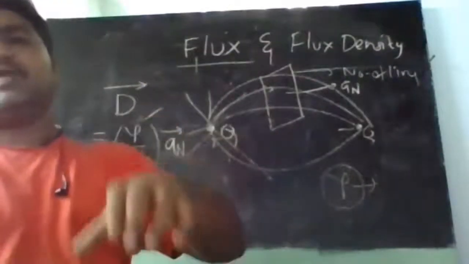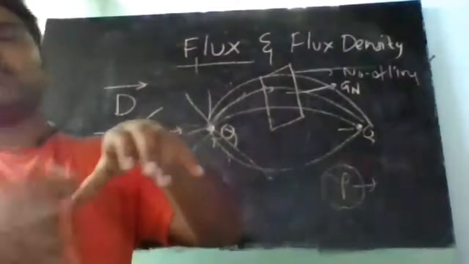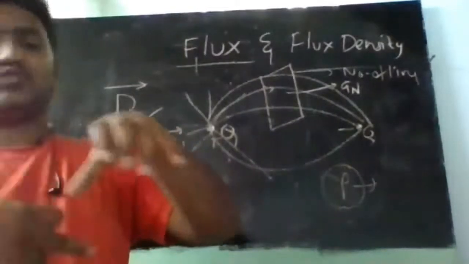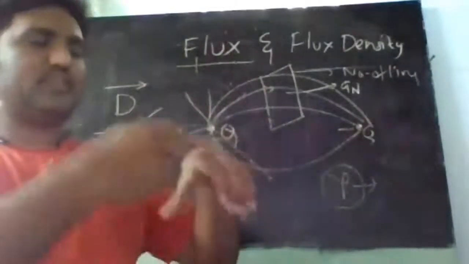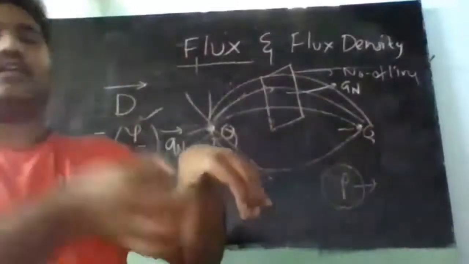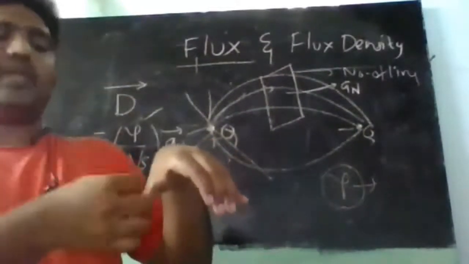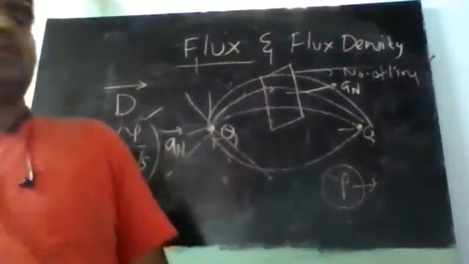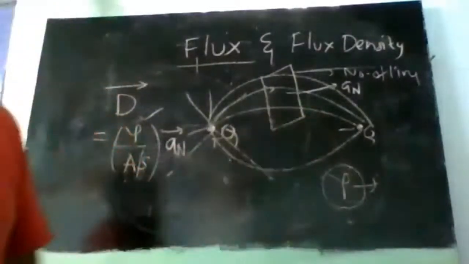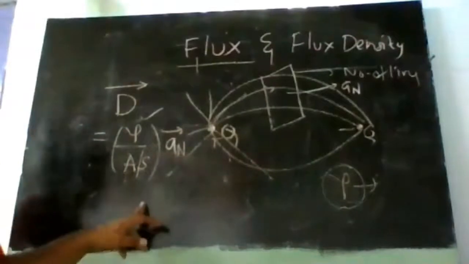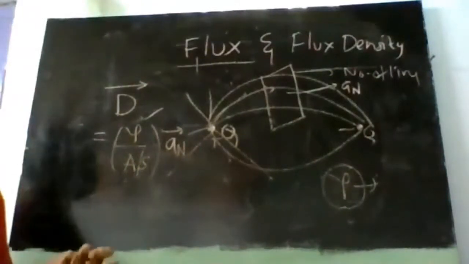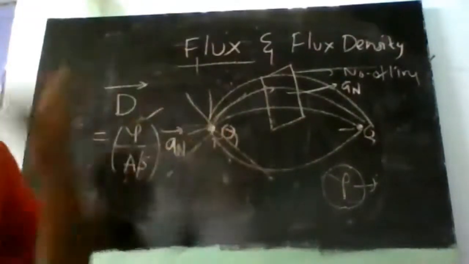I'm placing the closed object inside the flux lines. Then I'm calculating the number of lines that are passing through this body in the normal direction, the number of lines that are coming out of the body. That will give me what we call flux density. Population density means total population to total area.